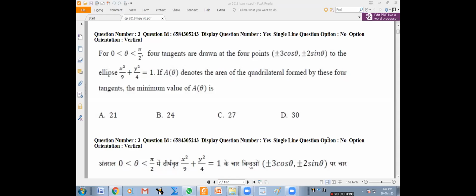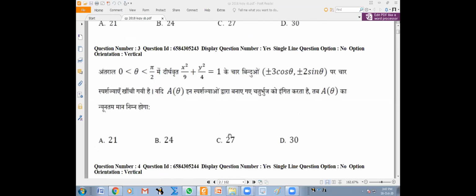Has anybody not understood? People are not responding, that's why I'm asking. Understood. Okay, fourth one, which is on the screen.